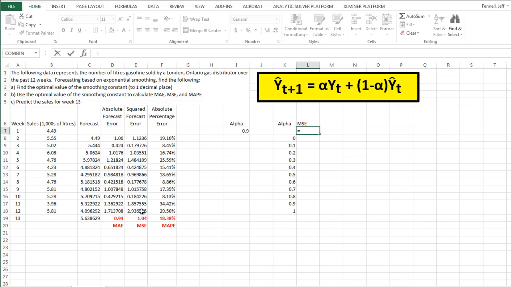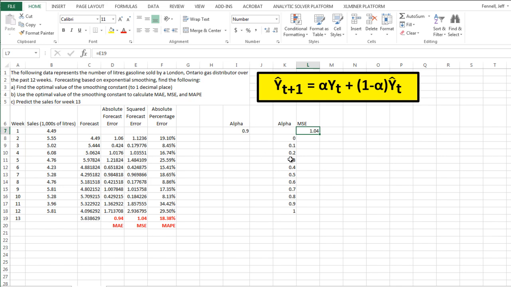So I want this cell here to equal this, and again, a cell reference to that. So what this function in Excel is going to do, without me being able to see, is sub in all these values that I have here into this cell.